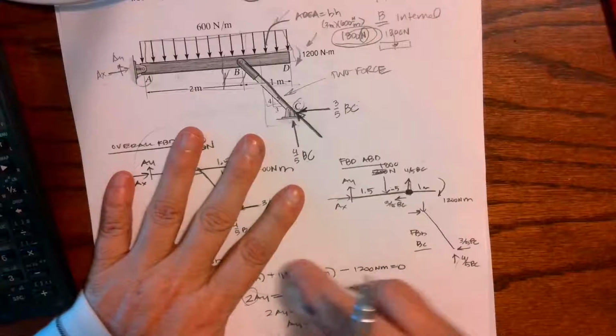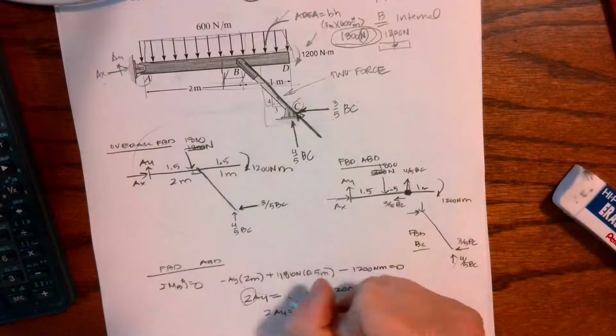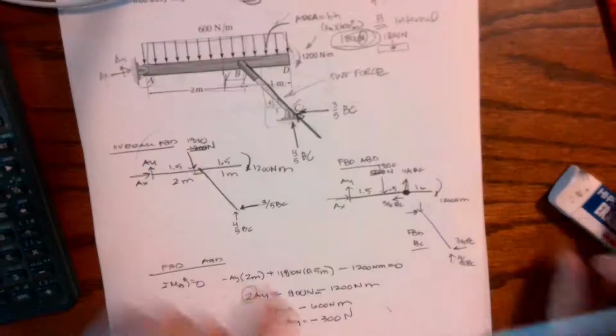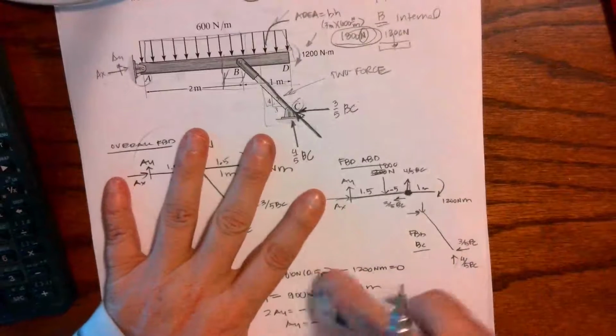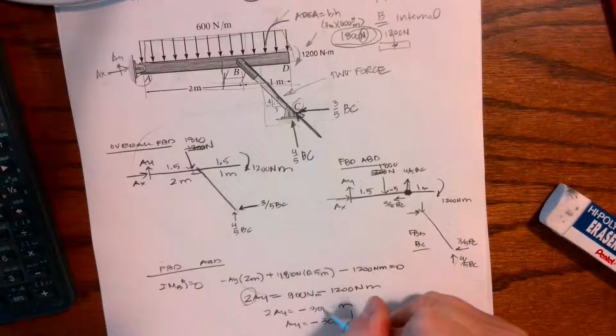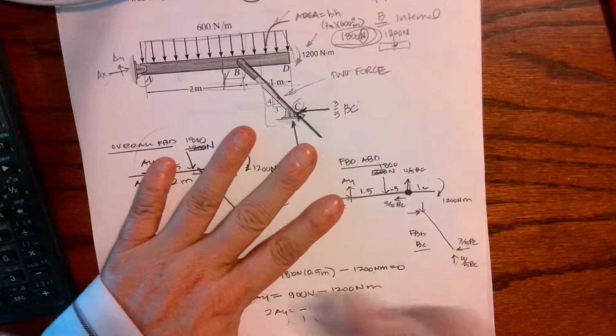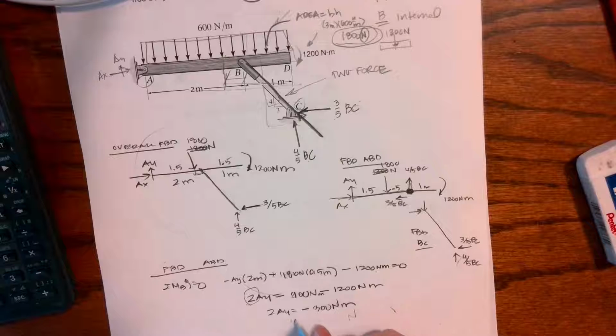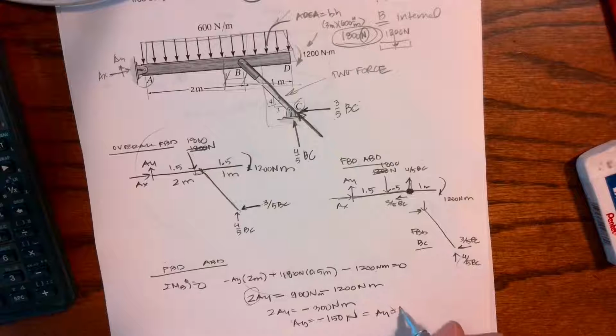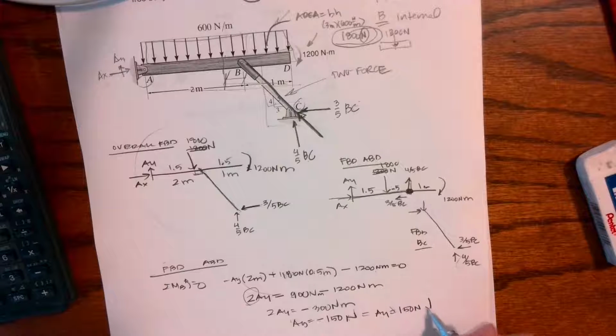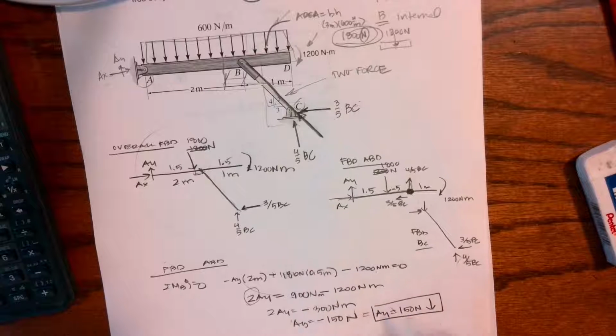So that means this is actually 900, which means this is actually 300, which means this is actually 150. So I have AY equals 150 newtons, and it's going down because it's negative.